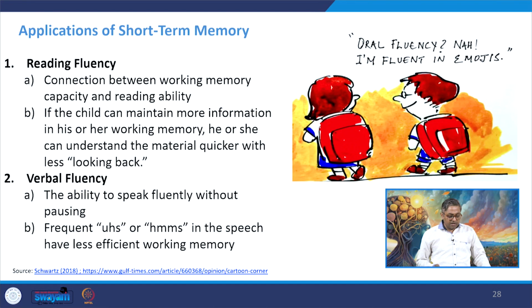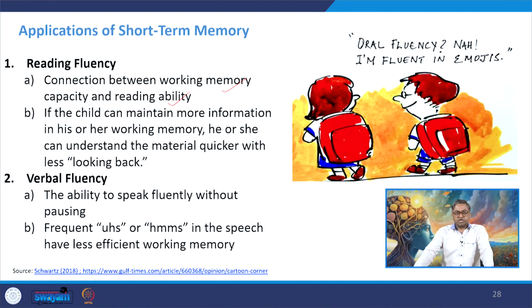So what we see here is the connection between working memory capacity and reading ability. What is an individual's reading ability? It depends on how many words one can hold in working memory, how many words an individual can bind up in working memory, and how dynamically it can be allowed to switch and divide, as we were discussing earlier.